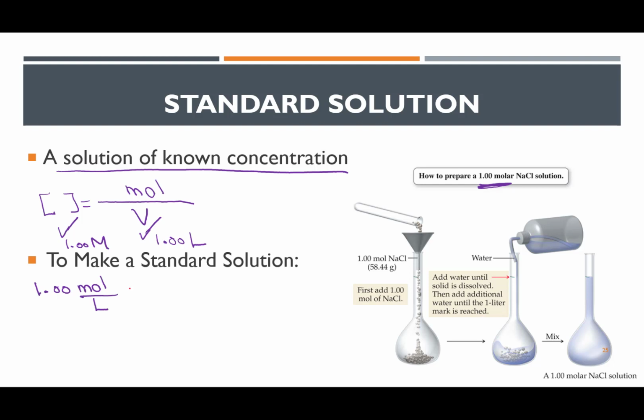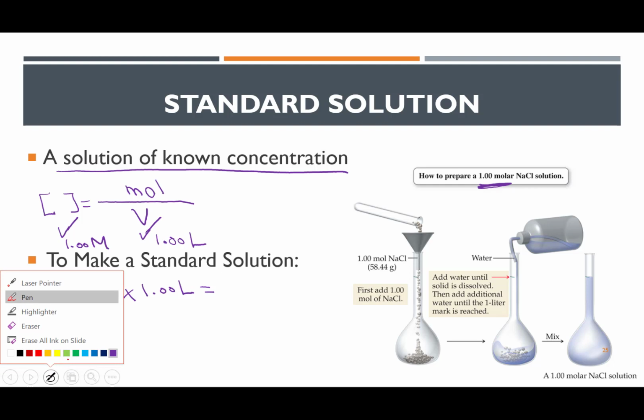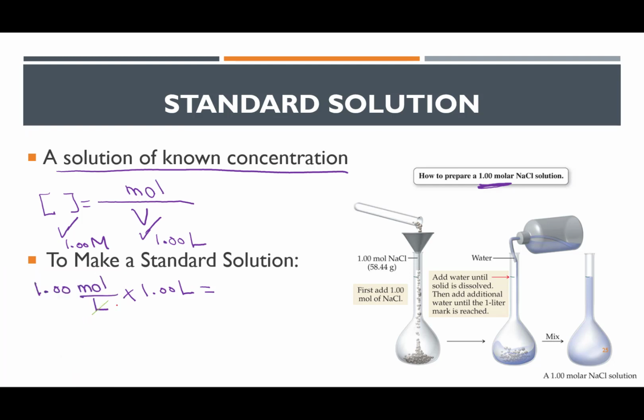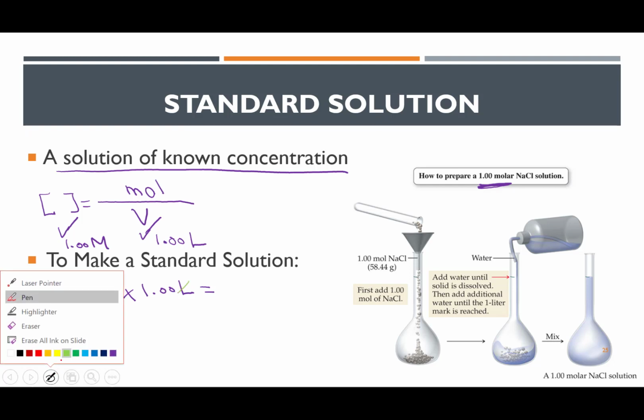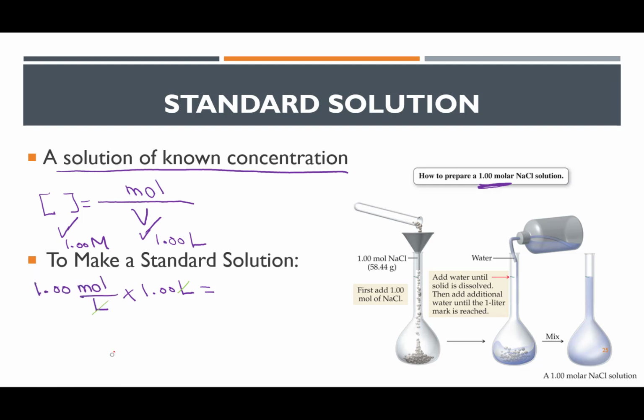Then you're going to set up the equation so that you will end up with the number of moles. If you set it up like this, as you could see here, the volume cancels out and you will end up with the number of moles, which is 1 mole.